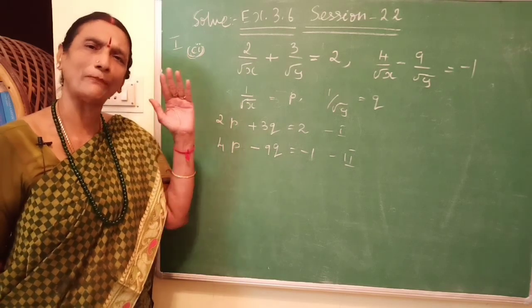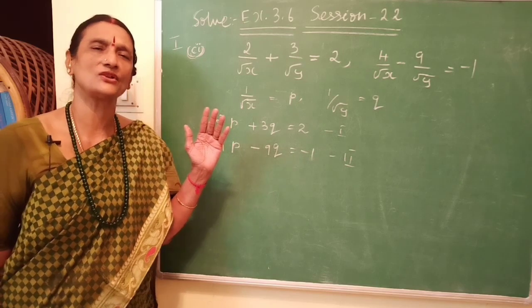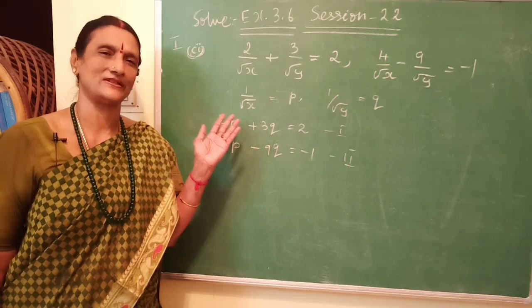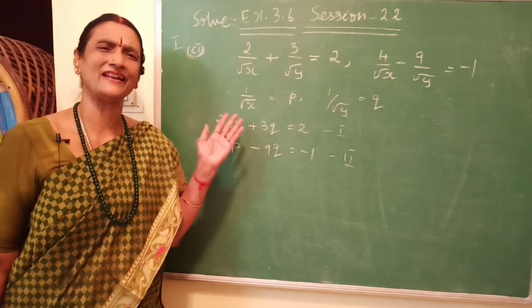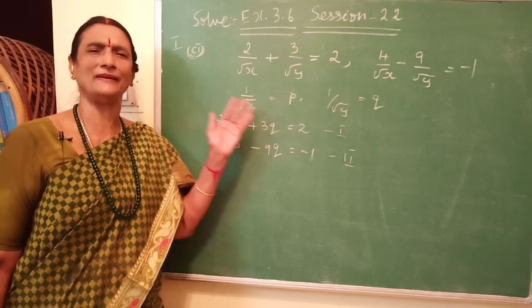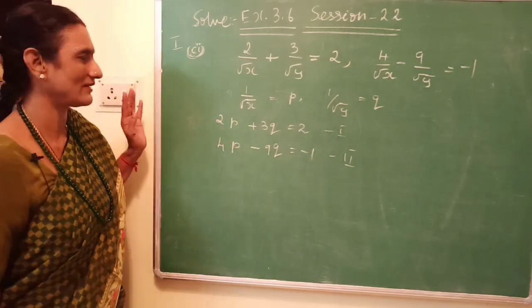So always you should plan, whenever you come across such an equation, which is going to give you a simple working. That is very, very important. You need not unnecessarily get into difficult ones, simple methods you should try. So this can be solved very easily.